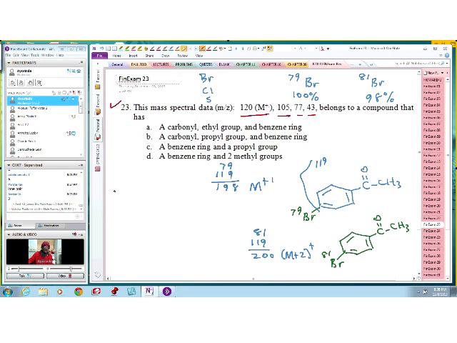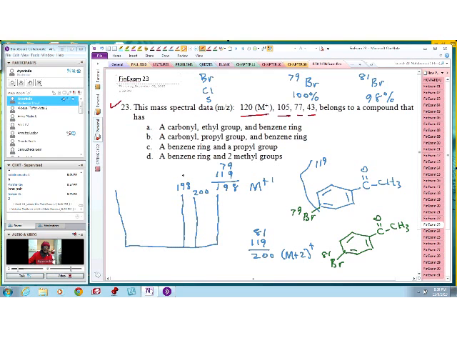If you take a look at the spectrum of this compound, you will see this. You see an ion at 119. At 198. And then you see the M+2 ion at 200, right here.